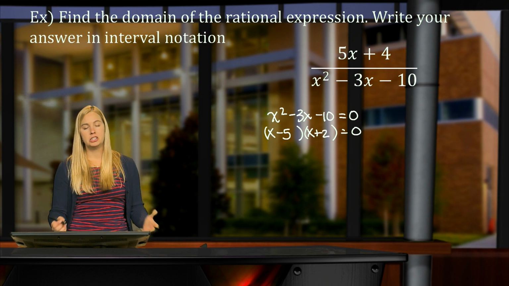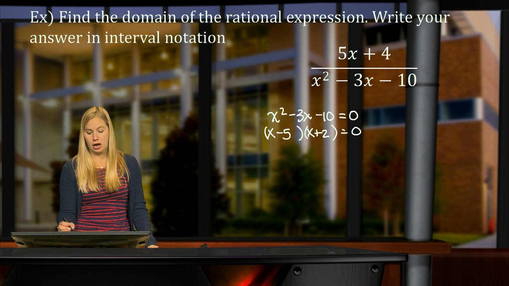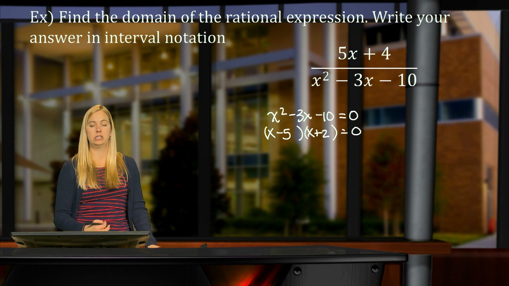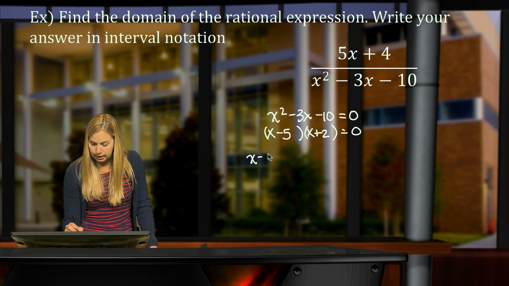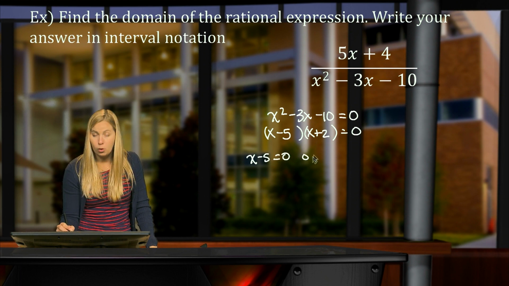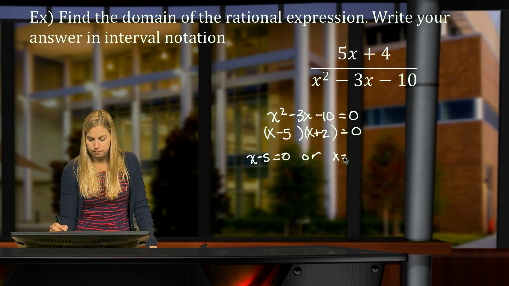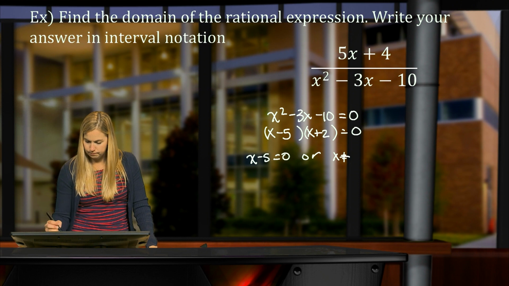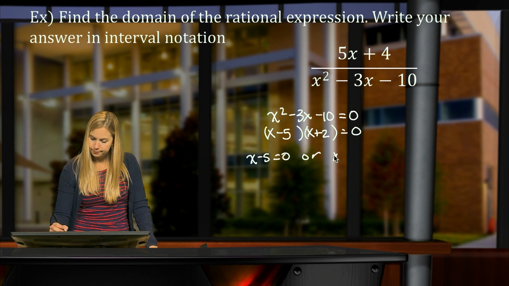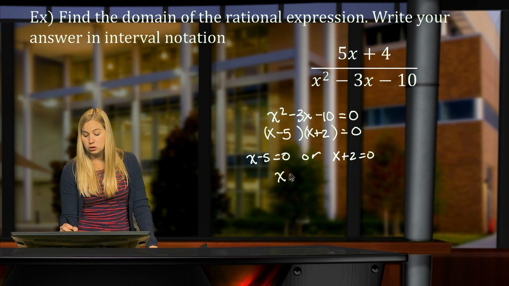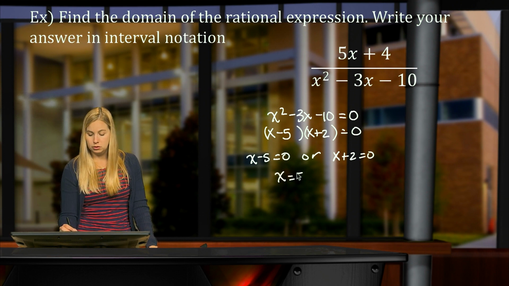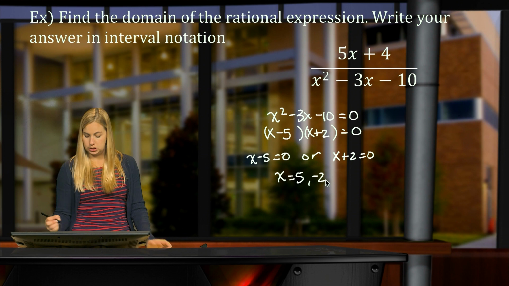Now the zero product property tells me that if I've got two things being multiplied that equals 0, then either x minus 5 equals 0 or x plus 2 equals 0. So the solution to this equation is x equals 5 and -2.